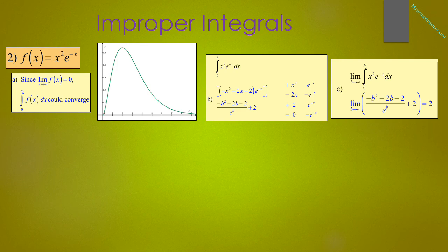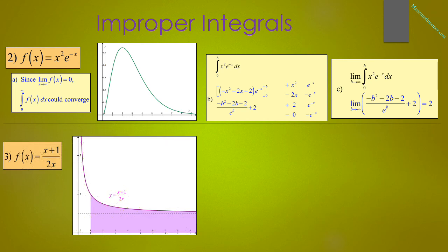We can do this by L'Hopital's rule, and without showing the work, it's obvious that the denominator will always be e to the b, but the numerator will eventually become 0. So our limit is 2. This means that the area under this curve is 2, and the integral is convergent.